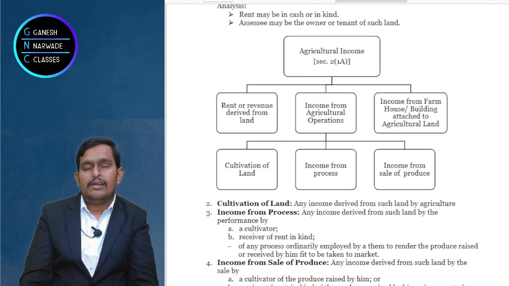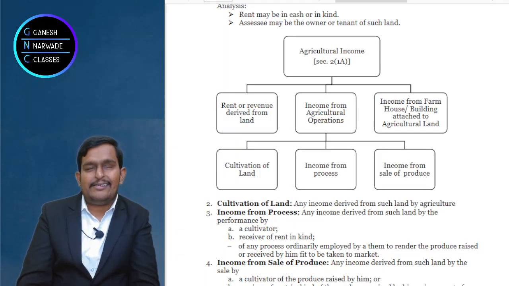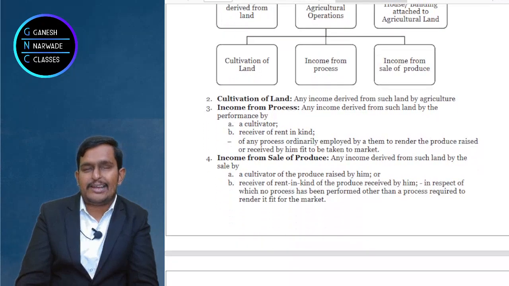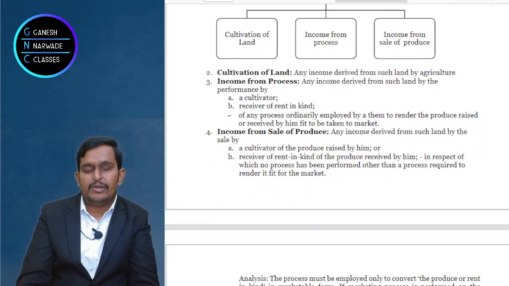Suppose, for example, the landowner of agricultural land stays in the building just to check what the farmer is doing, because he has to collect part of the rent in kind, correct? So the rent this person pays to the owner is agricultural income.